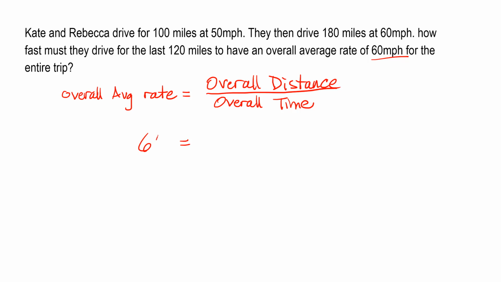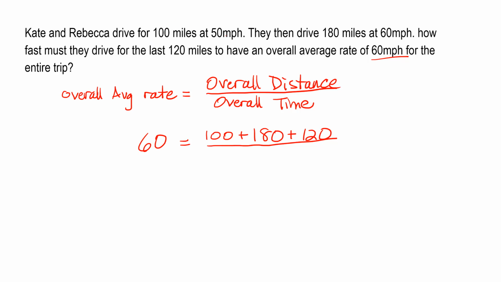So we're going to put that here. The overall distance, we know they start out and the first part of the trip, they go 100 miles. A little bit later, they go 180 miles. And then the last leg of the trip is going to be 120 miles. So we know the overall distance. Now we're going to look at the times, the overall times, or each piece of the trip, how long that took, and then add those up.